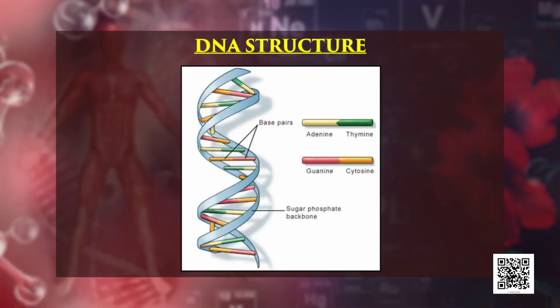As you can see on the screen, a DNA molecule has 2 unbranched complementary strands which are coiled around a common axis like a spiral staircase with base pairs forming steps, while the backbone of the 2 strands, which is made up of sugar phosphate, forms railings.